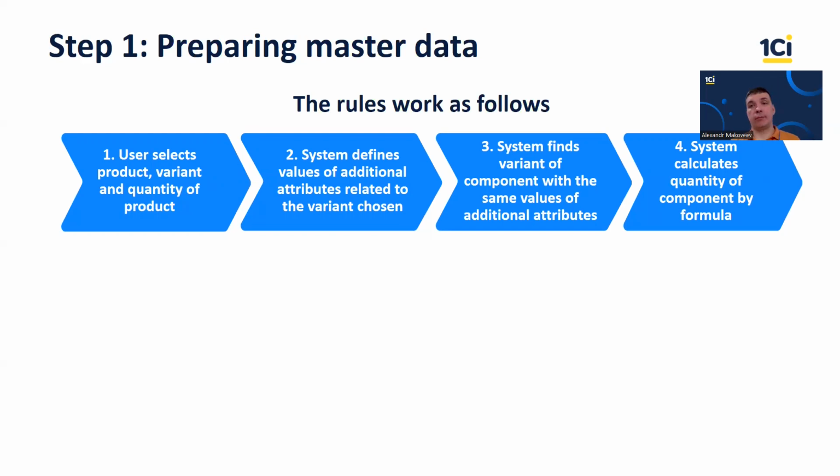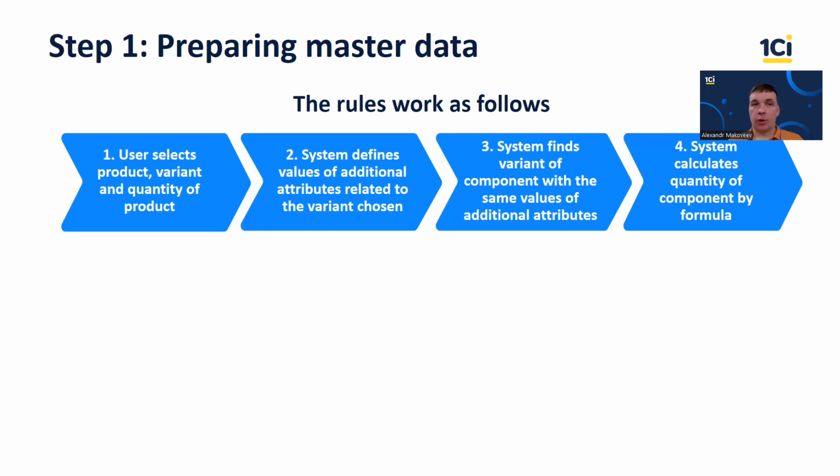We select a variant, but any variant has values of additional attributes, so the system defines them. After that, the system finds variants of components by the values of additional attributes related to the finished product. And in the 4th step, the system calculates the quantity of components by formula, if this formula was added in the row.